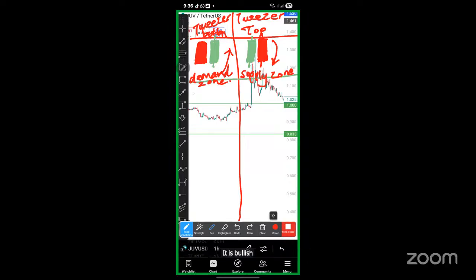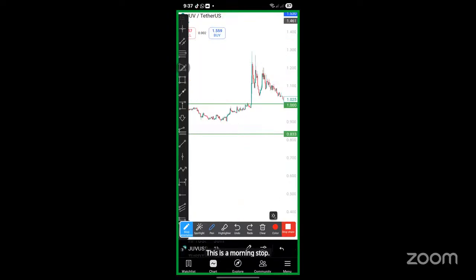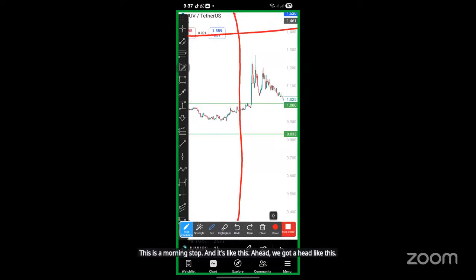The morning star is here where there is bullish. So this is a morning star. And this is the bullish, and this is the bearish.